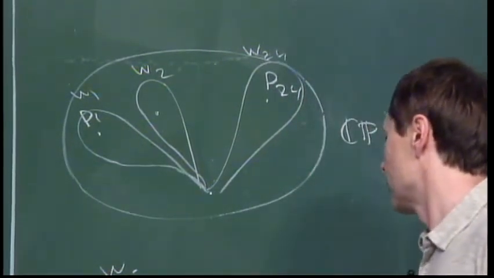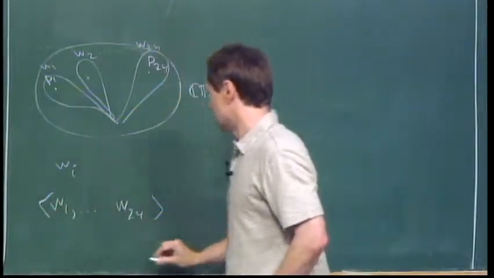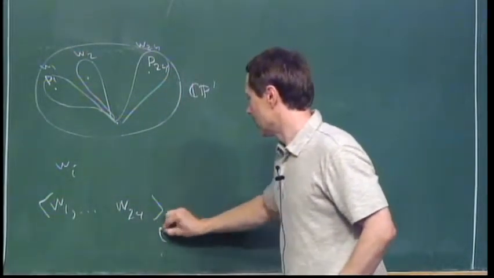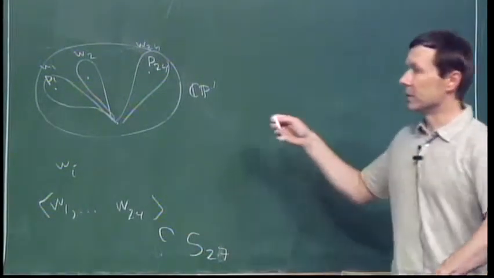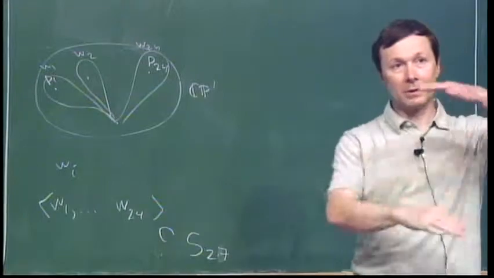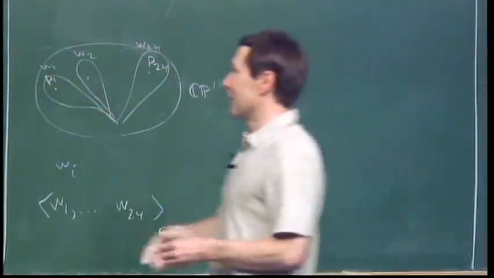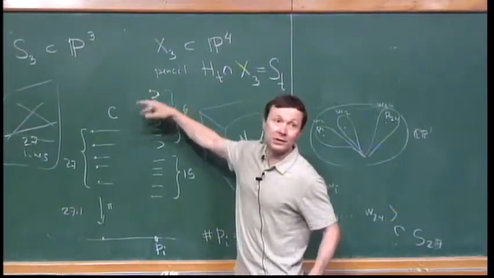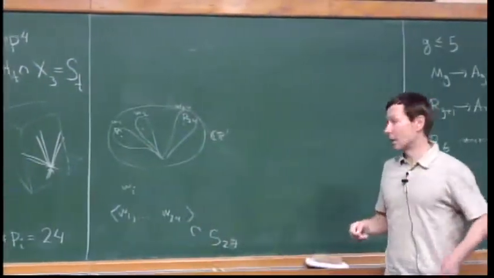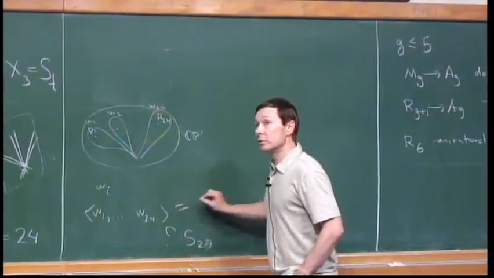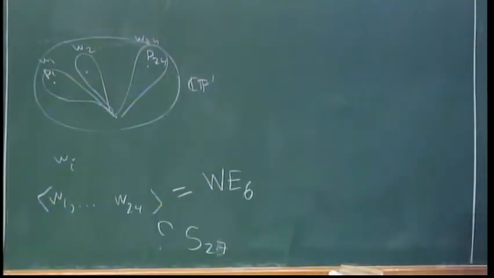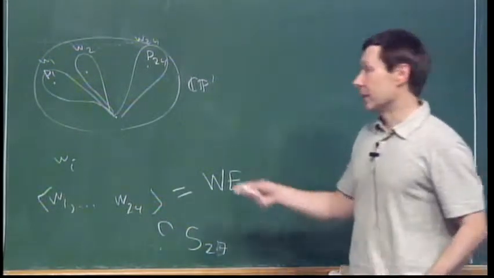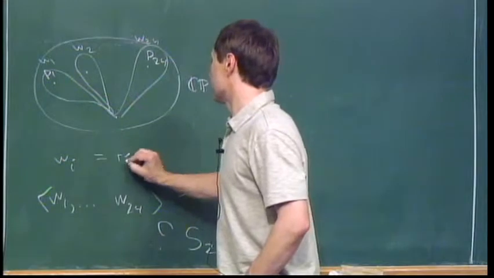And they generate some subgroup of S27, because this local monodromy is an exchange. They act as reflections on these 6 pairs of sheets. So one can compute that this group is the Weyl group of the E6 lattice. So it's W(E6), a reflection group, and these W's are reflections.